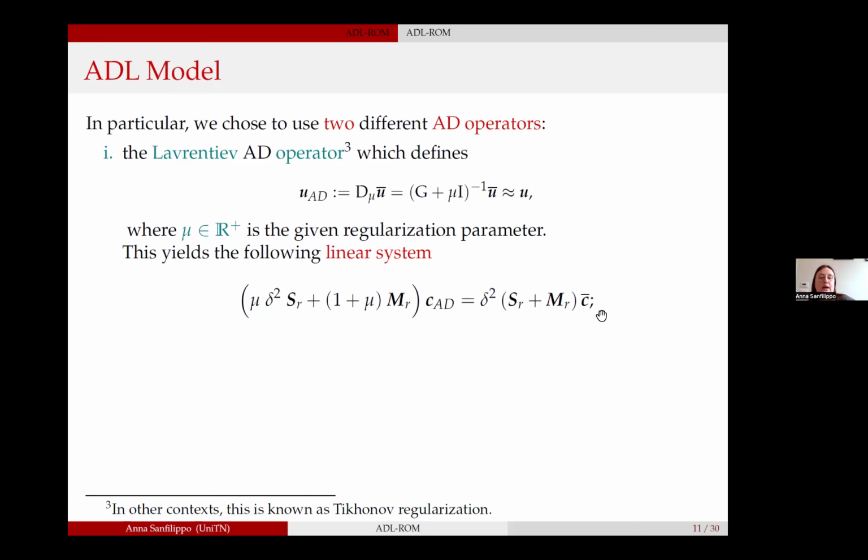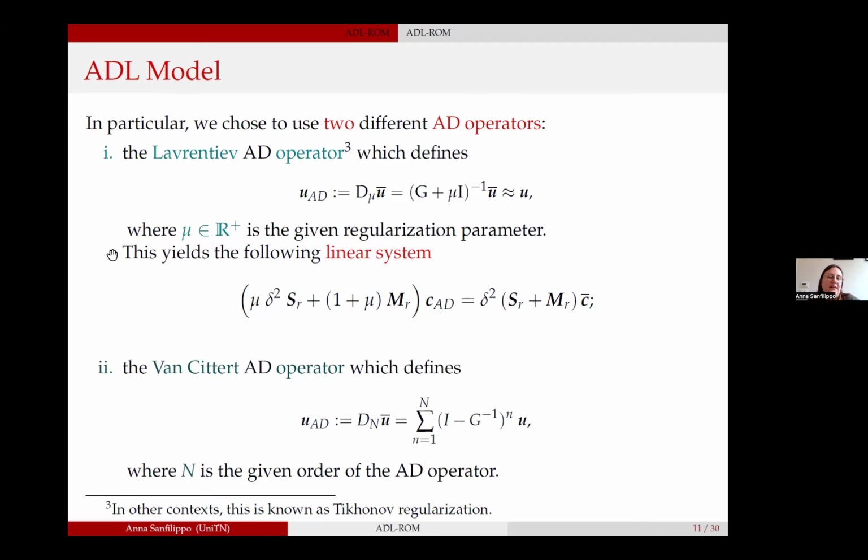And in this case, the input variable, so the known part, is the filtered velocity, and the unknown or the output variable is the approximate deconvolved velocity. Of course, in this case, we have the coefficients connected to the velocities, but it's the same.